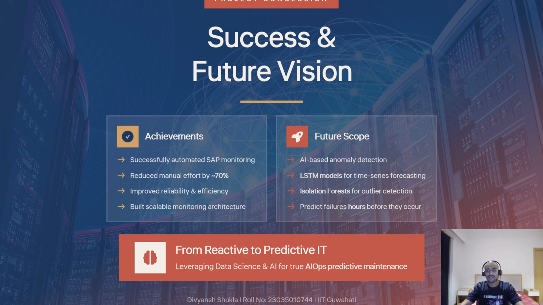With the LMDB now acting as a historical repository, the next step is predictive maintenance. We aim to replace static thresholds with an LSTM model for time series forecasting and isolation forest for outlier detection. This will allow us to predict system failures hours before they occur, moving from reactive ops to true AI ops.